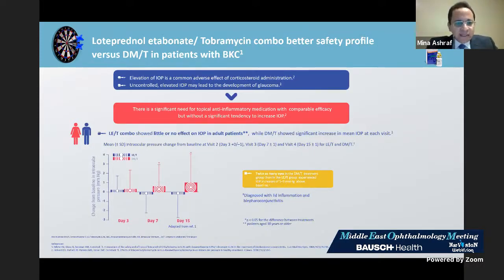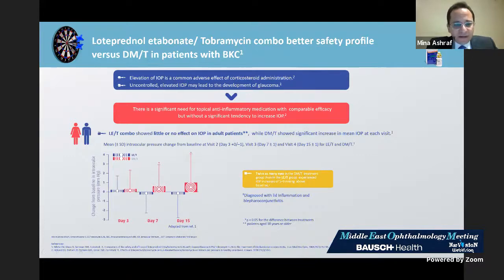And as we see here, we look at the changes from baseline in intraocular pressure between the two treatment groups. We see here the blue charts are the loteprednol tobramycin Xylet compared to the red charts, dexamethasone tobramycin.